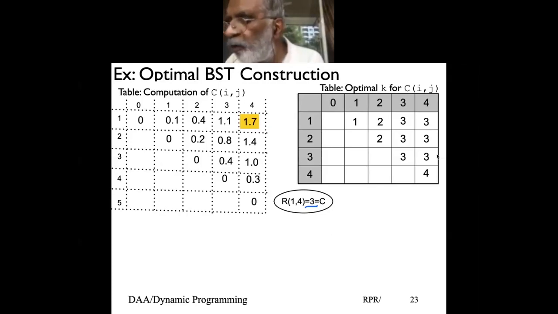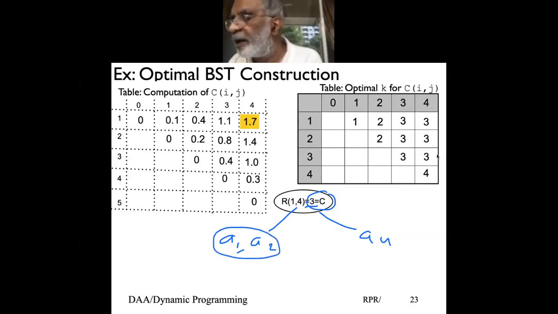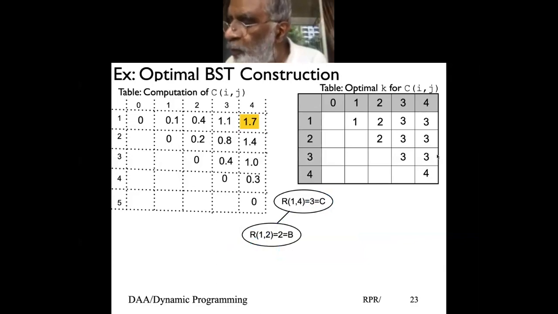Now R14, this tree 14, our left subtree and right subtree, remember my key is 3. So the left tree would have keys A1 and A2, and the right would have A4, because key A3 is my root. So I build a subtree of A1 and A2, which is R12. When you look at R12, this is 2.